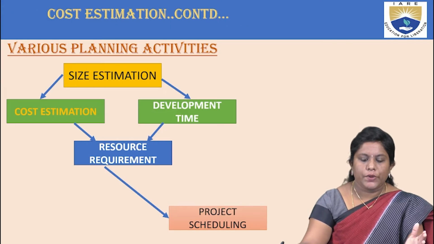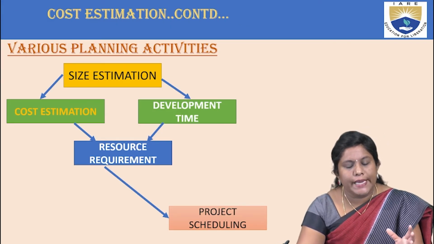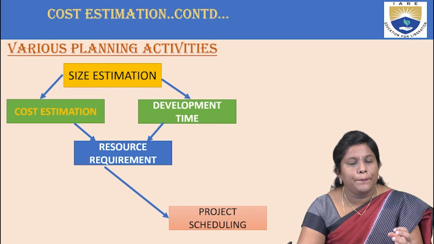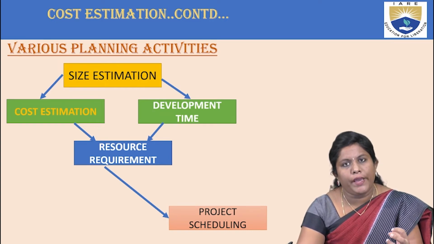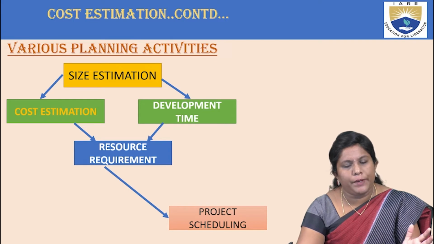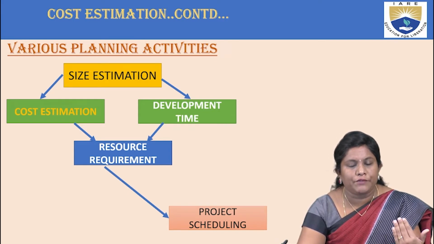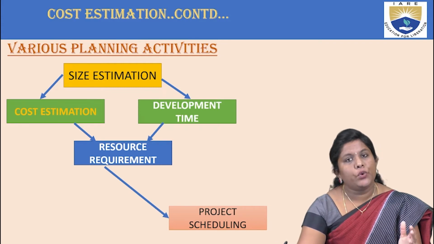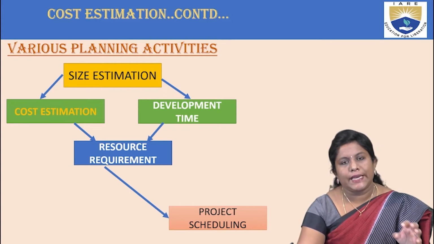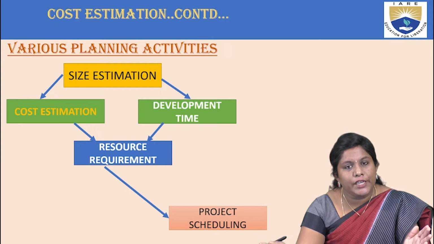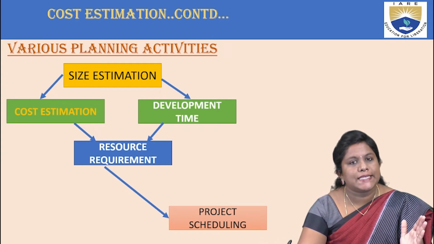I have a small diagram which depicts the major planning activities for any software development project or product. These are the things that you can jot down, whatever I have stated in the previous slides, in a diagram in this manner, where initially you are supposed to estimate the size.